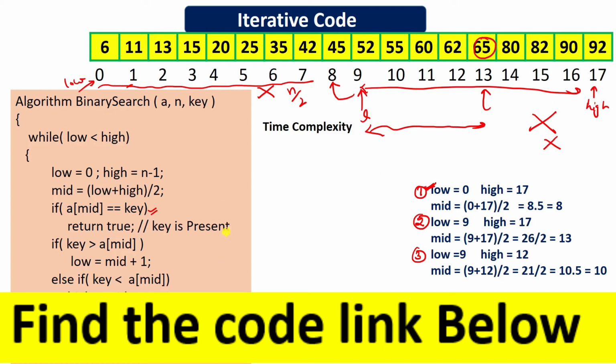But if you apply binary search, you will see you take a lesser number of steps to search even your last element. How many steps is this algo running? Initially you had n numbers that you want to scan.